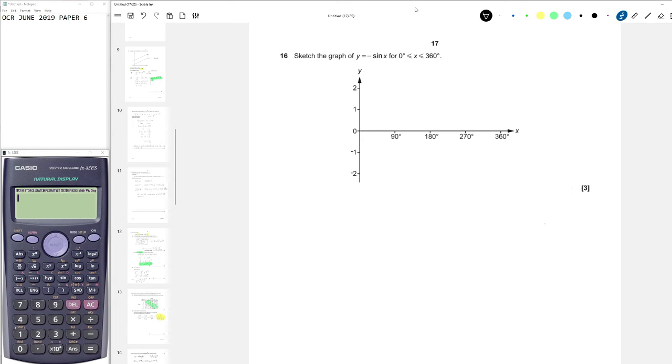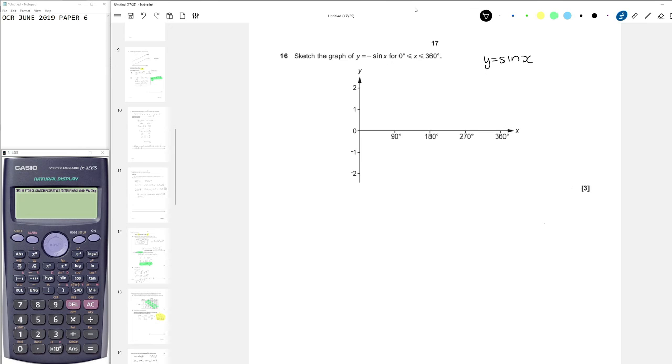Question 16. Sketch the graph of y equals minus sine x for when x is between 0 and 360. Now what I like to first do is use a pencil and sketch the graph of y equals sine x. It's just so I can see my points, so I know what I have to do.